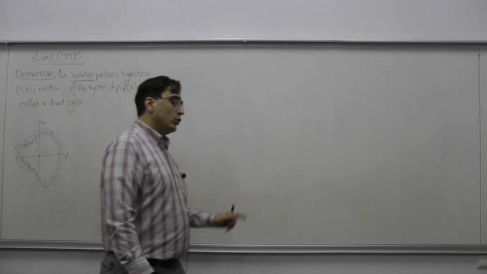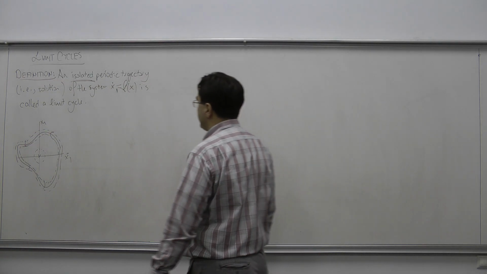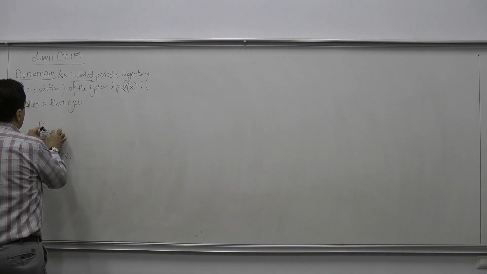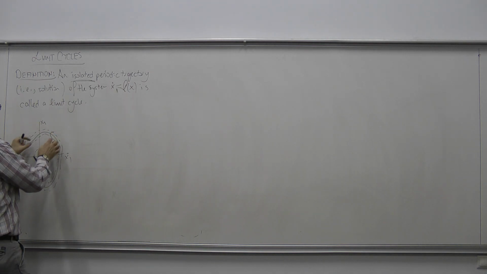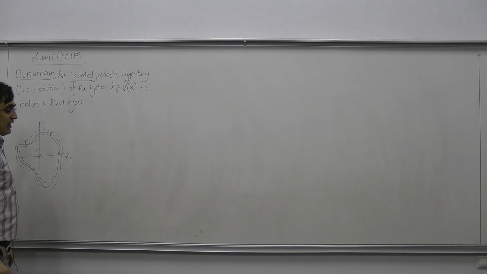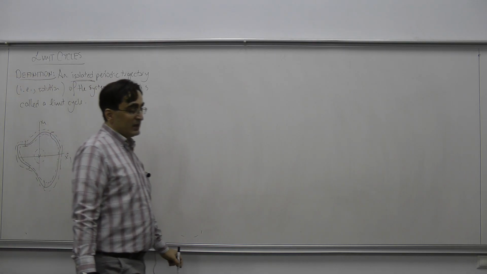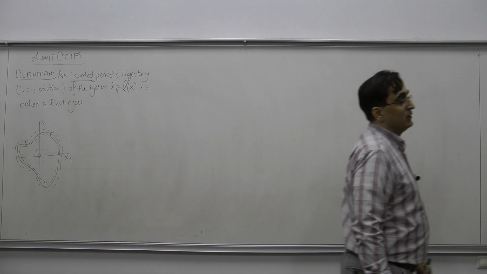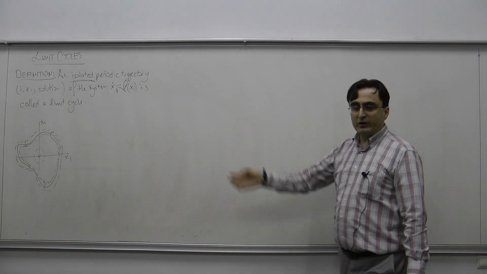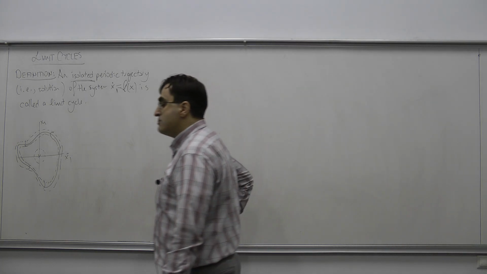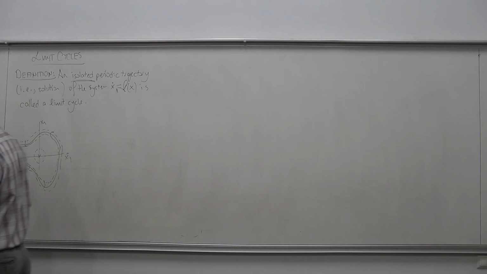On the other hand, if however small an epsilon neighborhood we look at, we always find another periodic trajectory in that neighborhood, then we call the original periodic trajectory a non-isolated periodic trajectory.